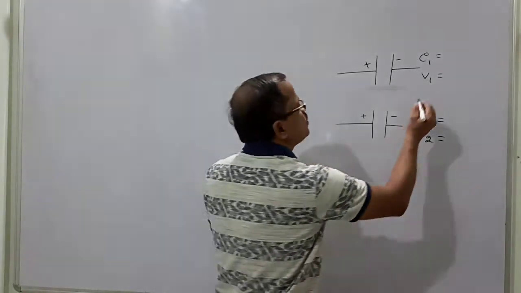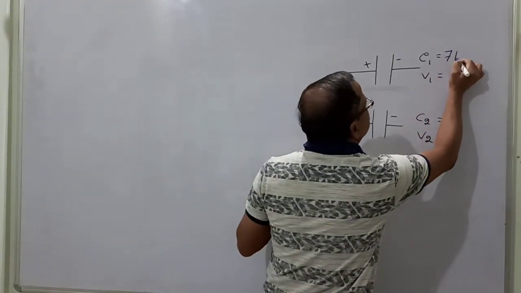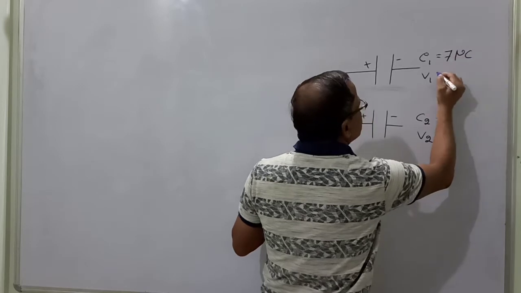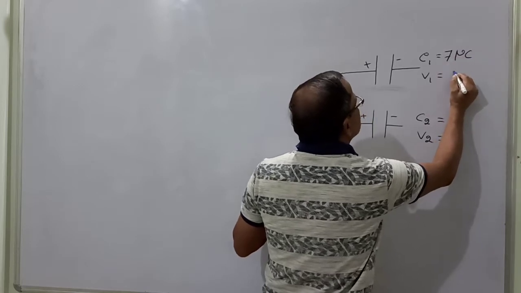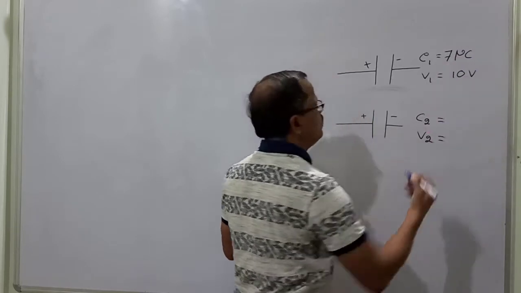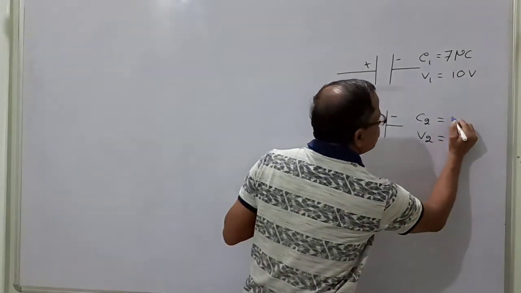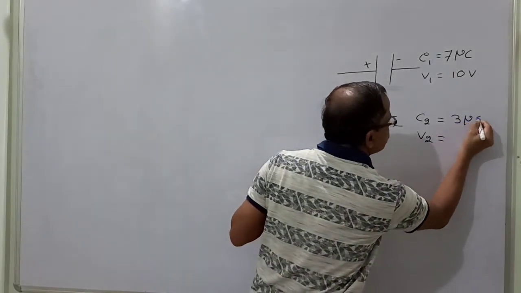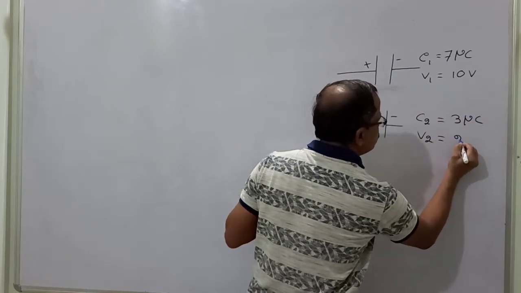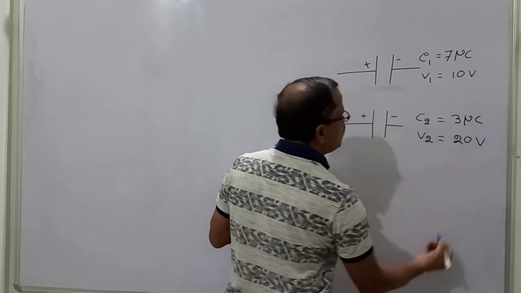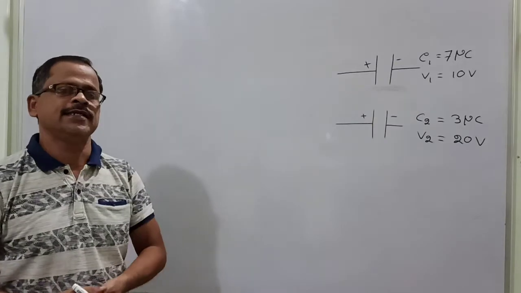Let C1 be equal to 7 microfarad, V1 equal to say 10 volt, and the second capacitor C2 equal to 3 microfarad, and V2 equal to 20 volt. Now both the capacitors are given like this.